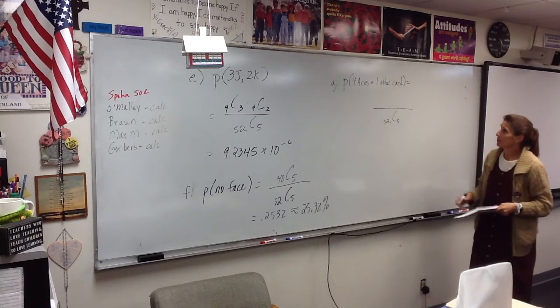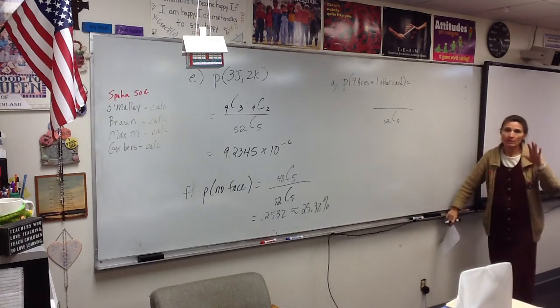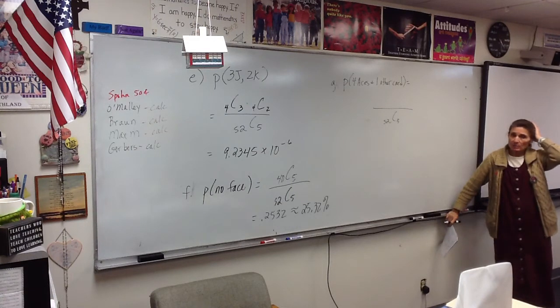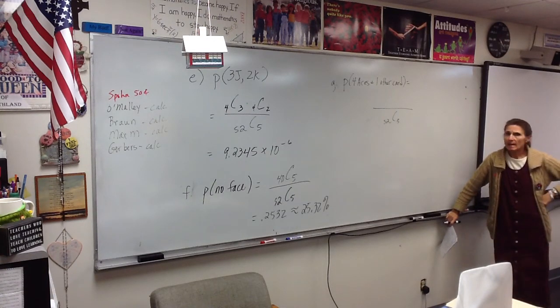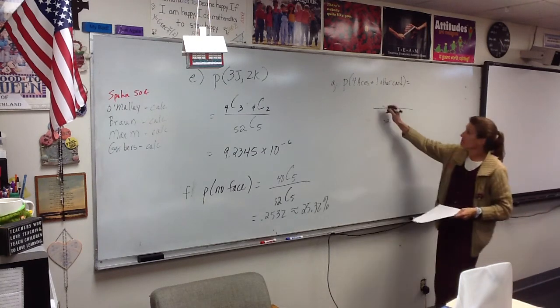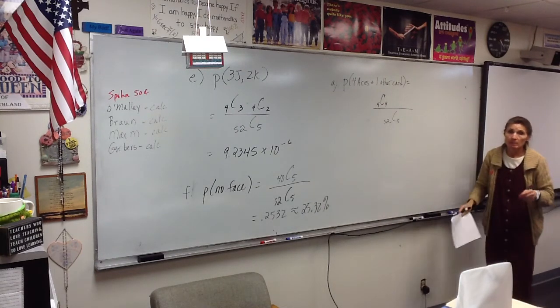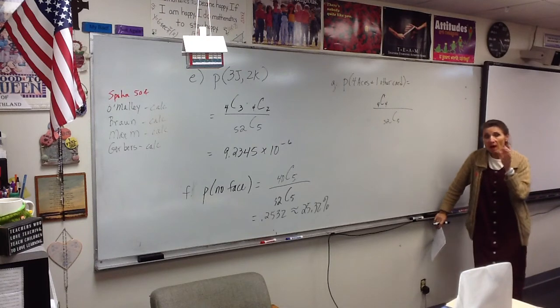Your numerator, now wait here, I want 4 aces and 1 other card. Okay, now let's think about this for a second. How many aces are there in the deck? 4. And we want all 4 of them. So that would be 4C4 for the aces. But that's not enough. You need 5 cards. So you got to pick up another card.